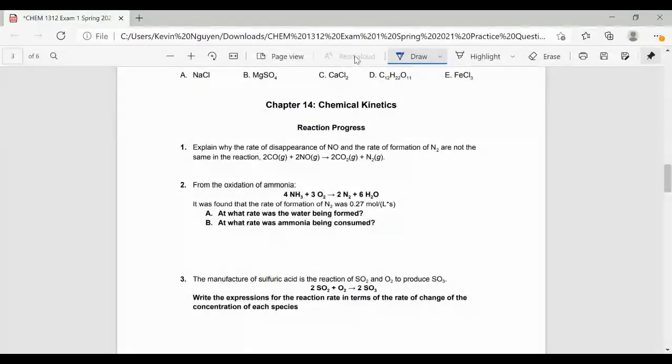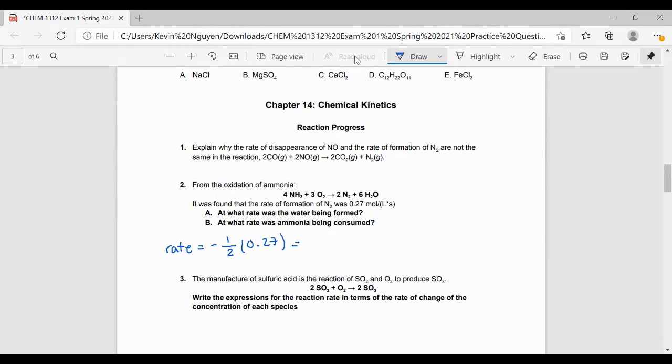So our rate of reaction is going to be equal to, if you remember from my slides, you want to put 1 over your coefficient times the reaction. We're looking at N2, so 1 over 1 times 0.27.